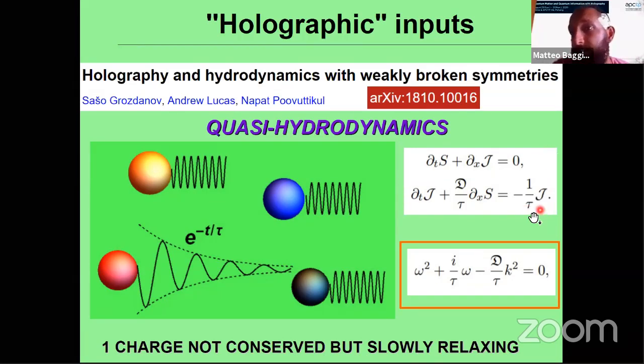If this is large, this is not even an approximation, because it means that you have to add all the other terms. So if this tau becomes very small, which means that the symmetry is broken very badly, then of course you are not allowed to put just 1 over tau. The thing is much more complicated than this.